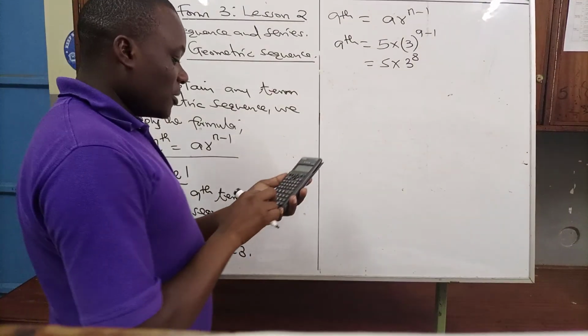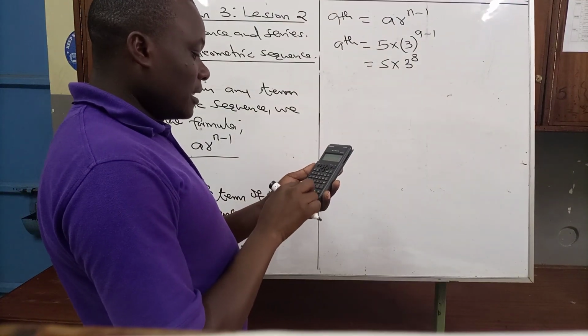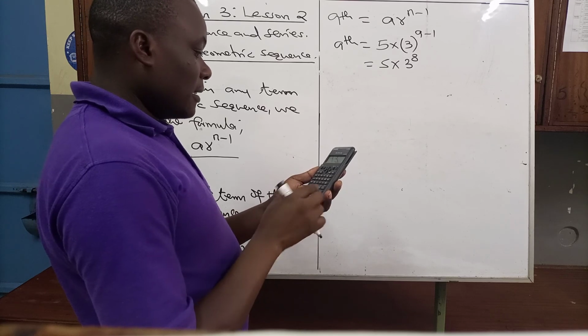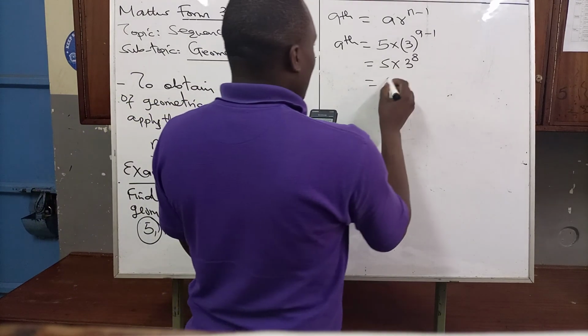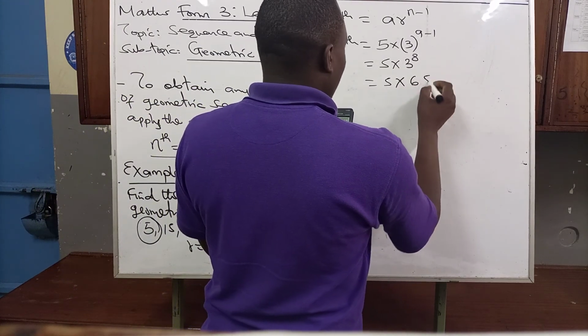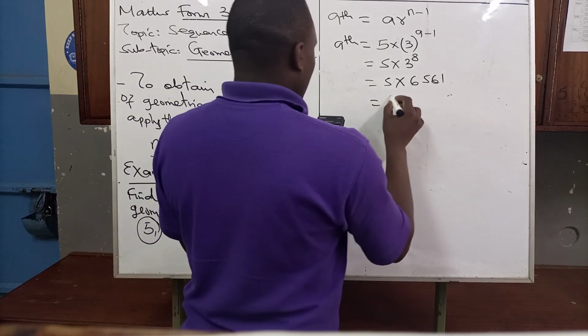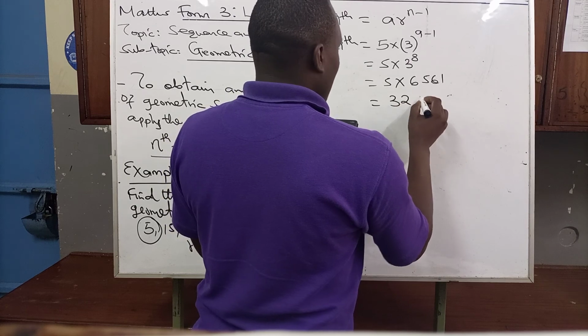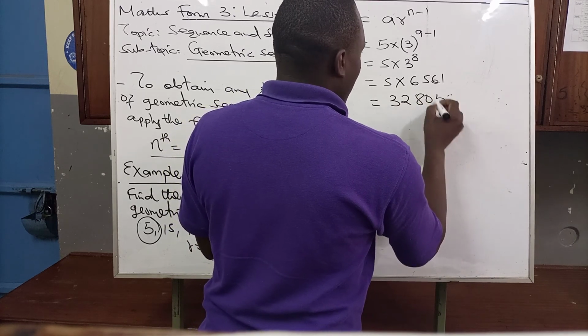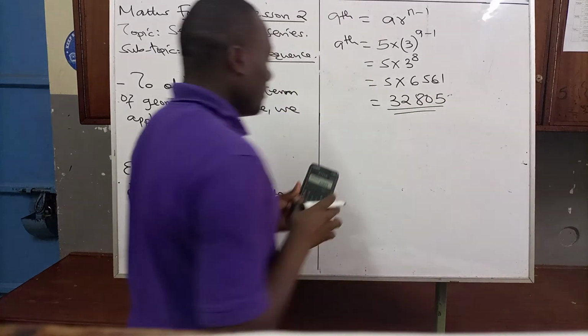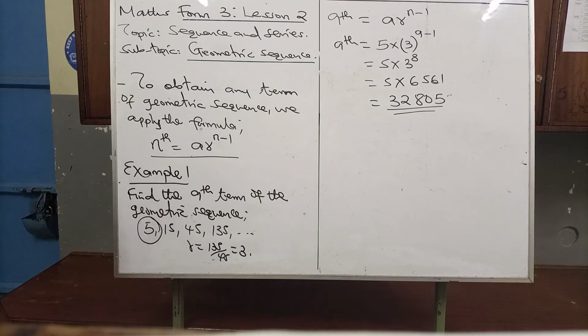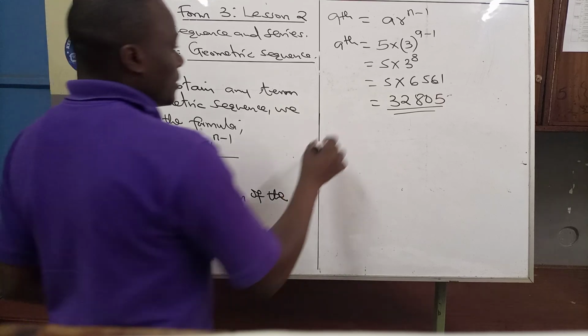Now, taking our calculator, we dial 3 raised to the power 8, which is 6,561. Then we multiply it by 5, which finally gives us 32,805. So that is the 9th term of the geometric sequence. Now I want us to look at example 2.